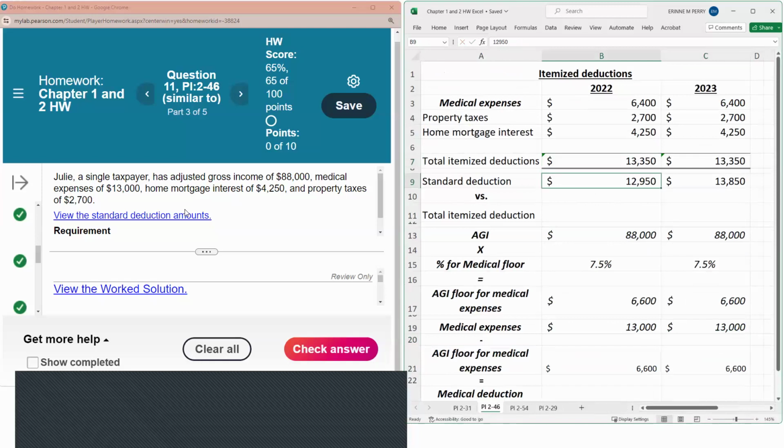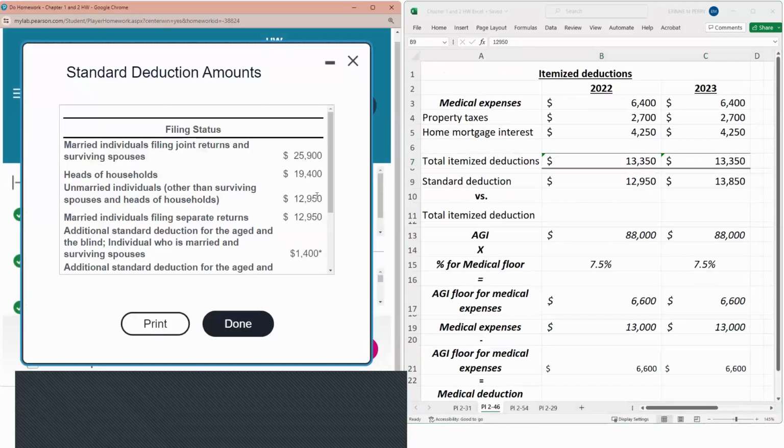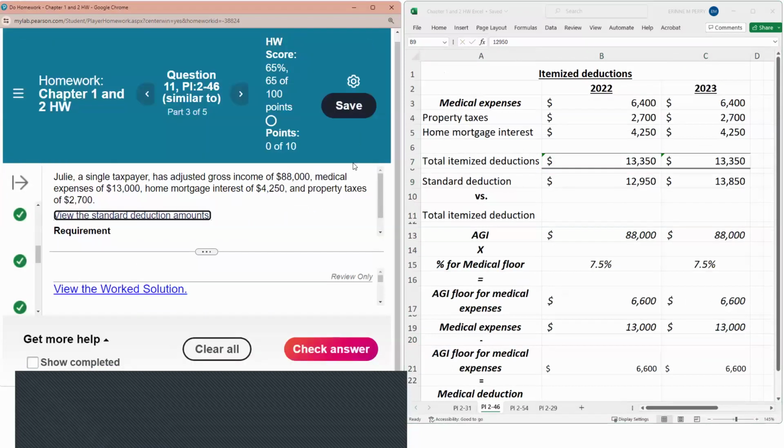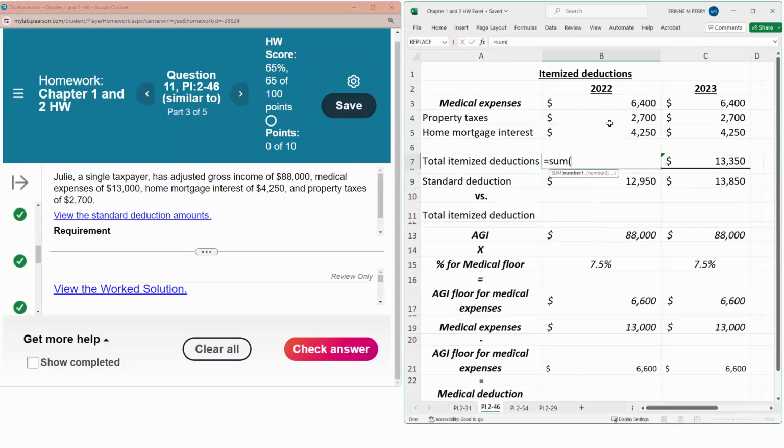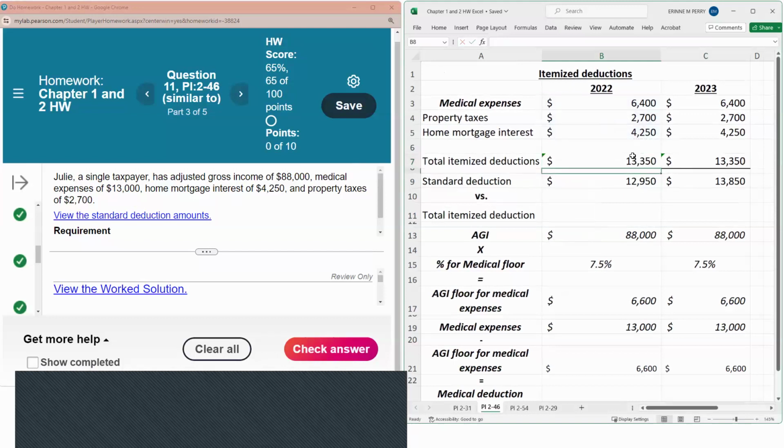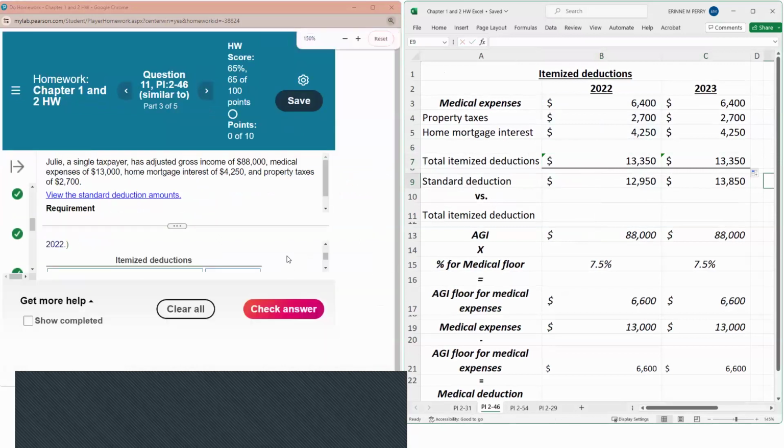In 2022, you look at the standard deduction amount, it lets us know 12,950. So based on this information, the total itemized deductions, all right, let me just make sure that the formula is correct. Based on the calculation, the total itemized deductions represent $13,350.